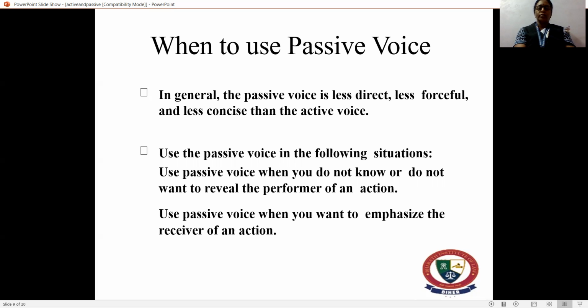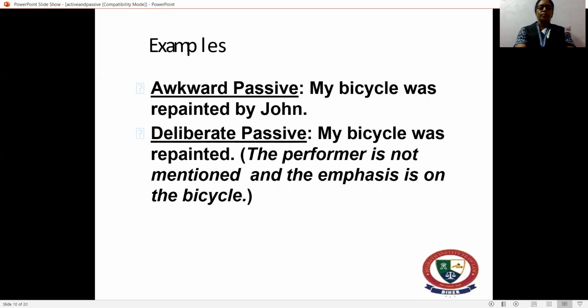If you want to emphasize the object, if you want to give some importance to the object, in such cases we generally use the passive voice form. So these are the various reasons why we use passive voice. We have also seen why we use active voice sentences. So now moving on to the examples.